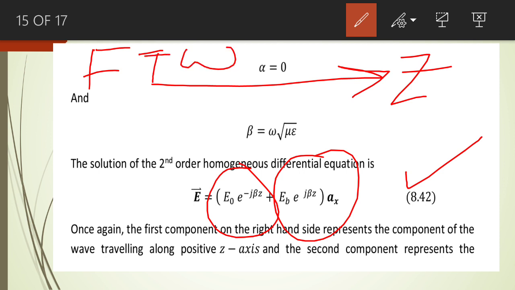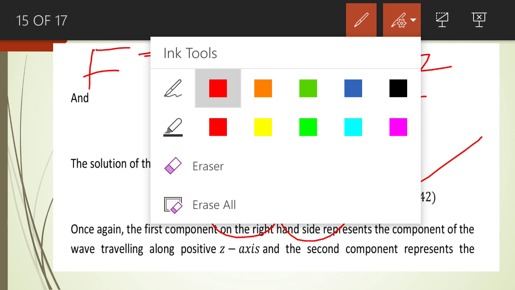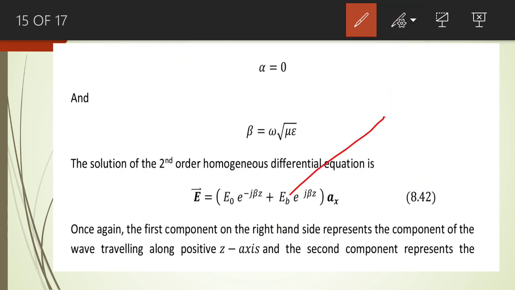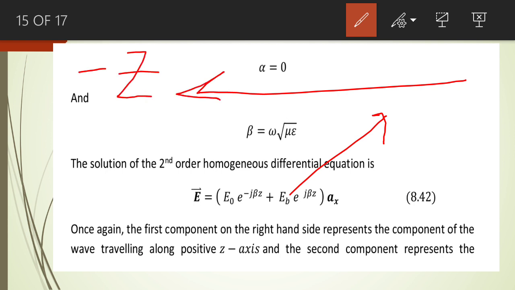The component which moves along positive z-axis is known as forward traveling wave. Now the second component represents the component which moves along negative z-axis, right?